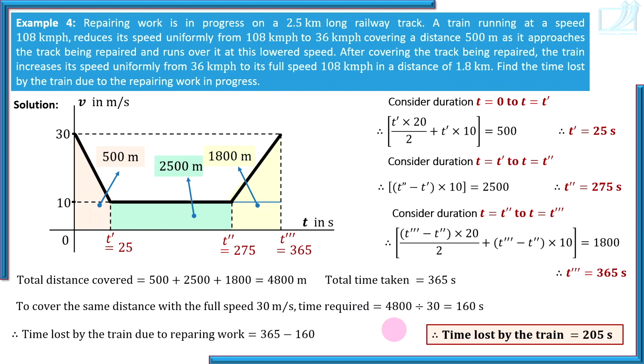Now when the VT diagram is a speed time diagram, then remember the area under that speed time diagram is distance traveled. Now read all those solved problems I have given you to understand it better. Thank you.